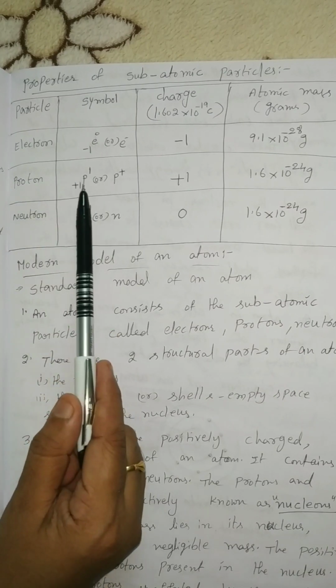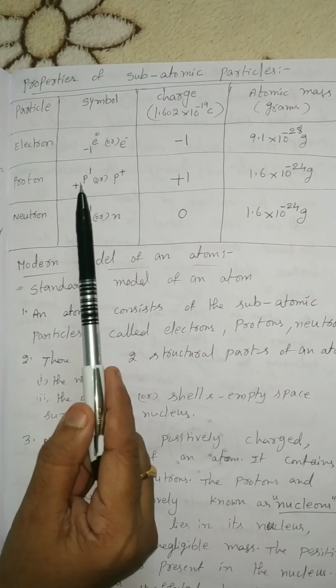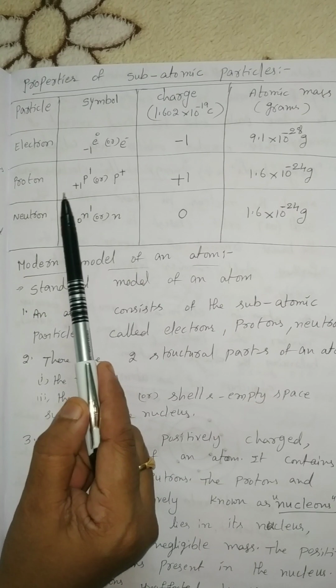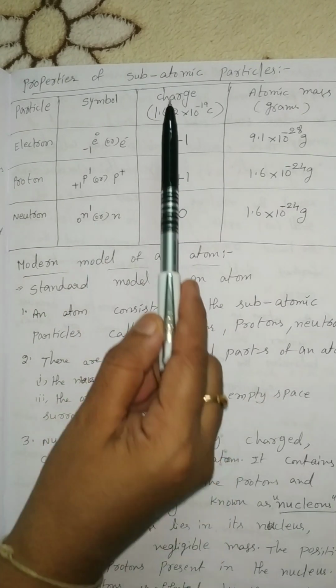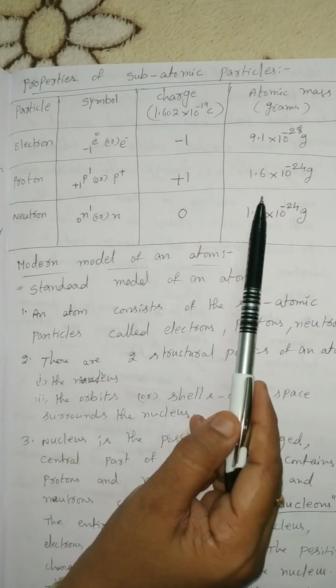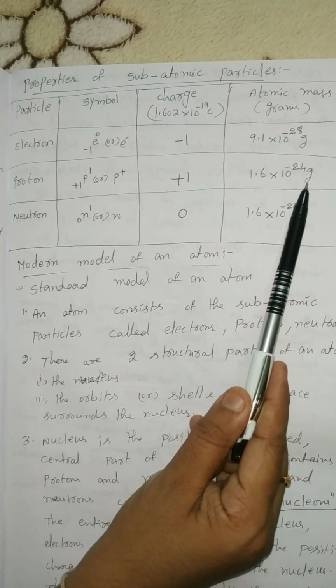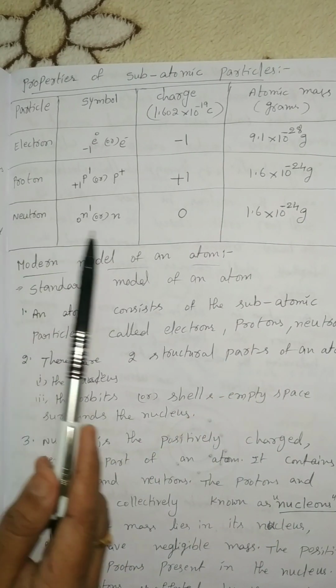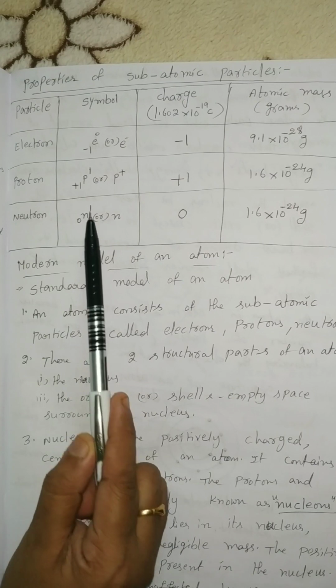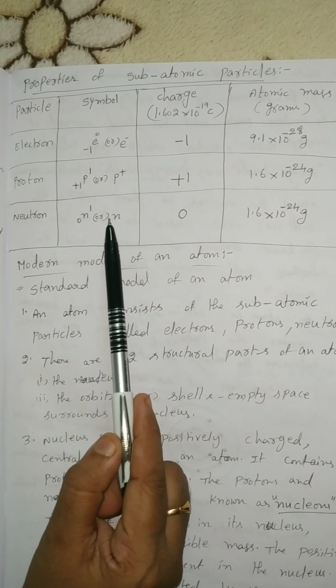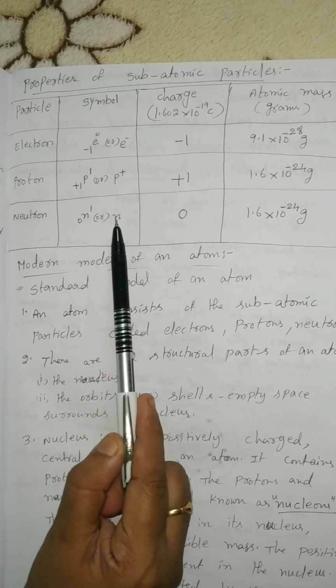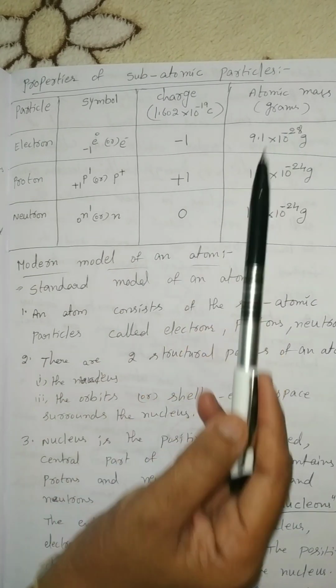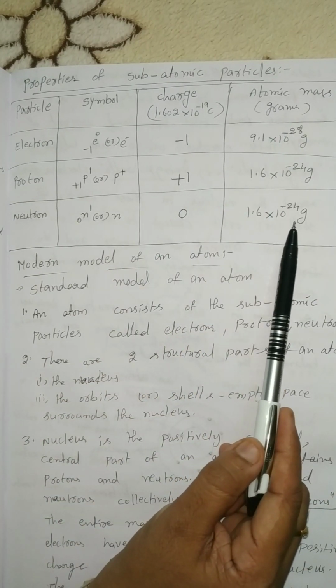Proton, symbol +1, p, 1. 1 is the mass, +1 is unit positive charge. Charge is +1. Atomic mass 1.6 into 10 to the power of minus 24 grams. Neutron. Neutron symbol 0, n, 1. So there is no charge. So always write the symbol n also. Charge 0. Atomic mass 1.6 into 10 to the power of minus 24 grams.